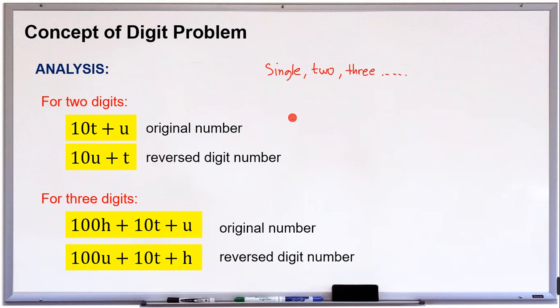Now we are going to represent the ones digit of a two digit number by the letter U, also known as the units digit.